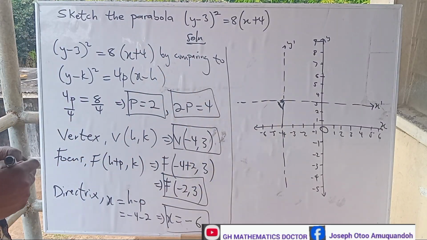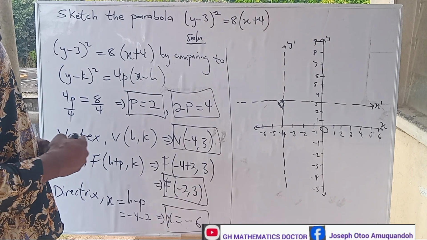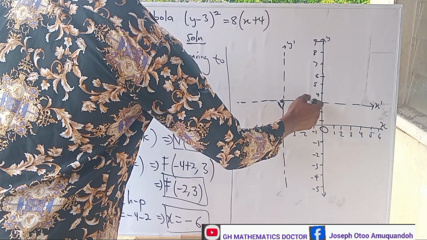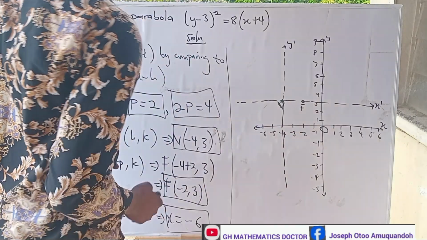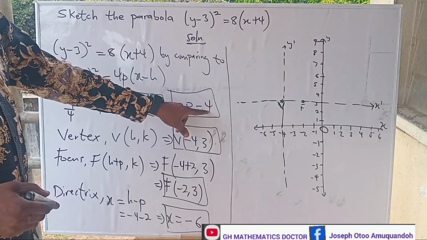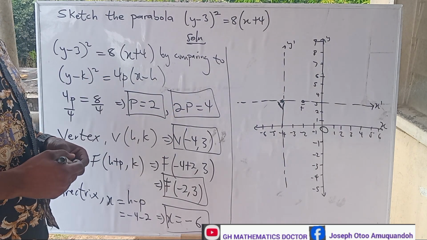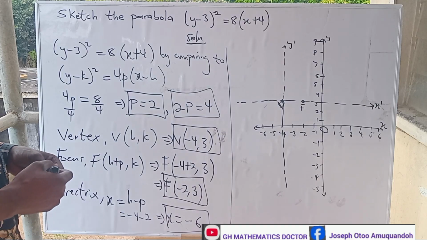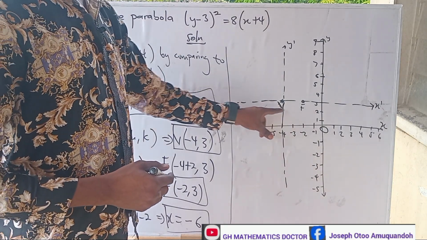Okay, so our focus is (-2, 3). So (-2, 3) is on this point, and it is our F, focus. The 2p that we have here tells you to move 4 skips at both ends on the other axis of the parabola. You know the parabola is found on the x-axis.